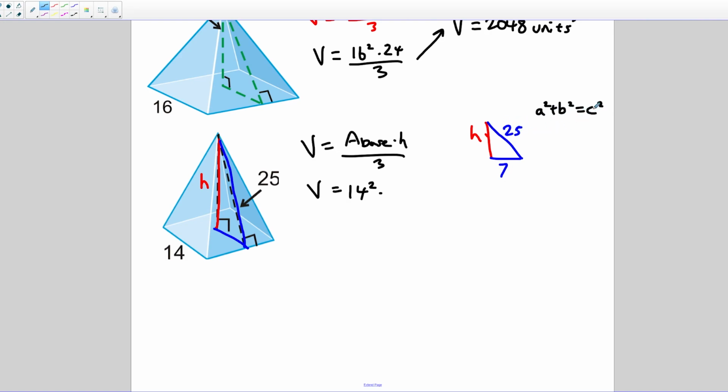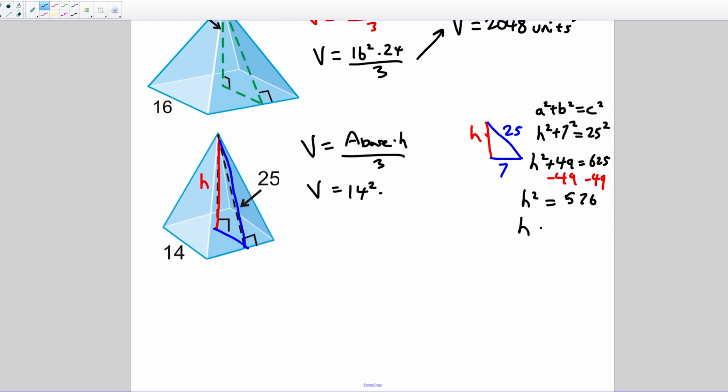My hypotenuse in this case is 25, so I've got h squared plus 7 squared is equal to 25 squared. I've got h squared plus 49 is equal to 625. If I subtract 49 from both sides, I've got h squared is equal to 576.